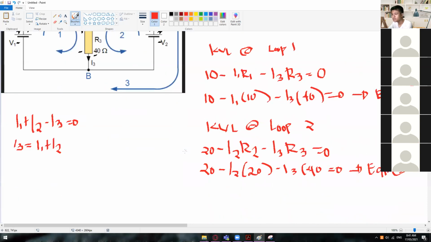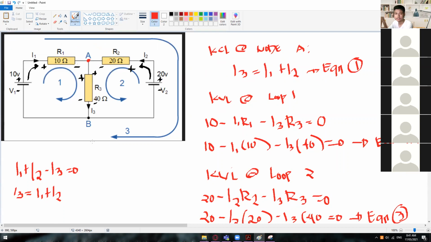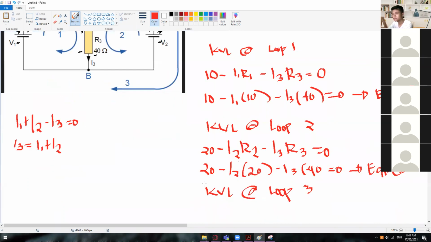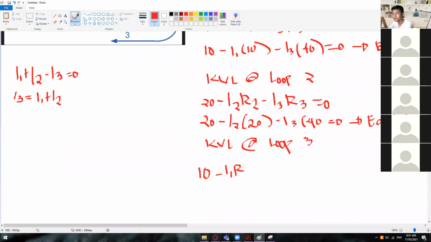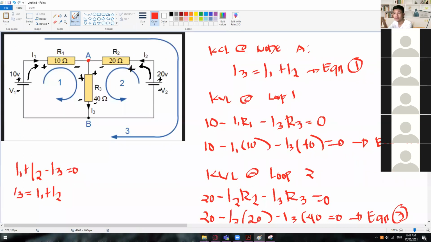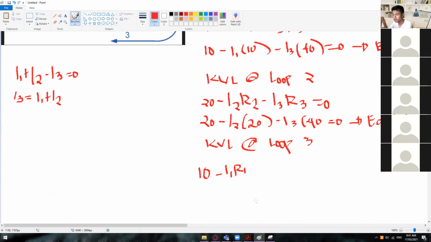So we still have another KVL, which is KVL at loop 3. This is your third KVL. So positive 10 volts, and then negative I1 times R1. And then we have here positive I2 times R2.